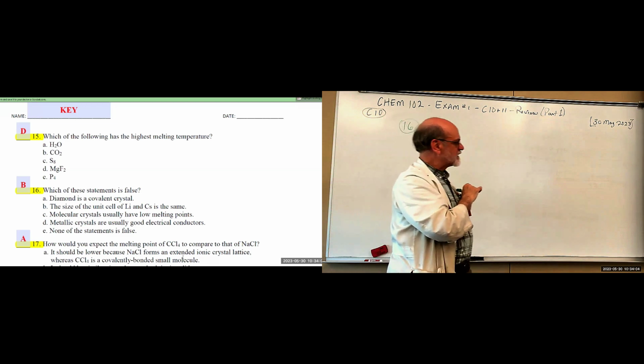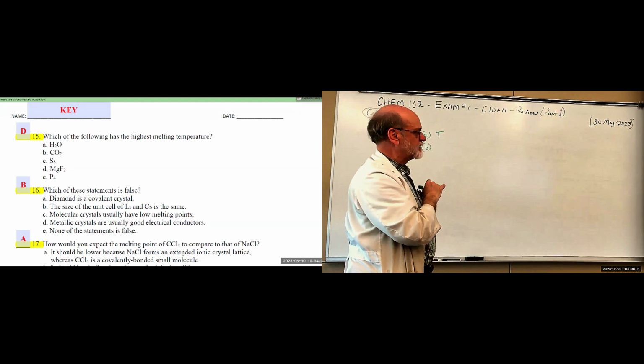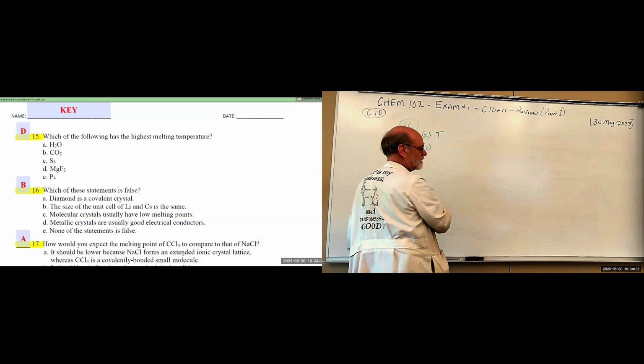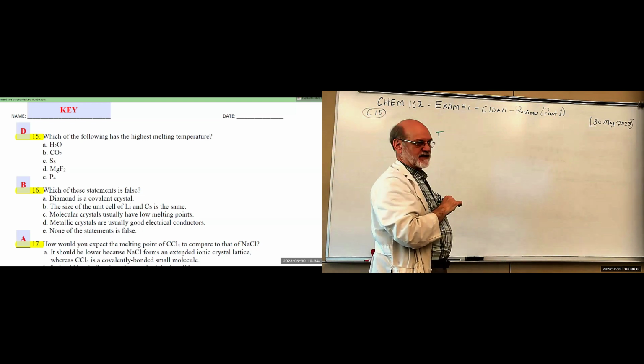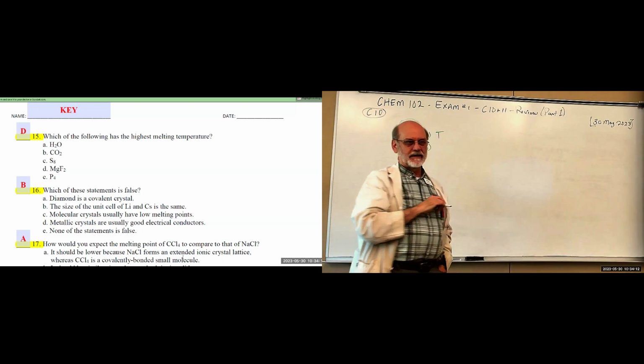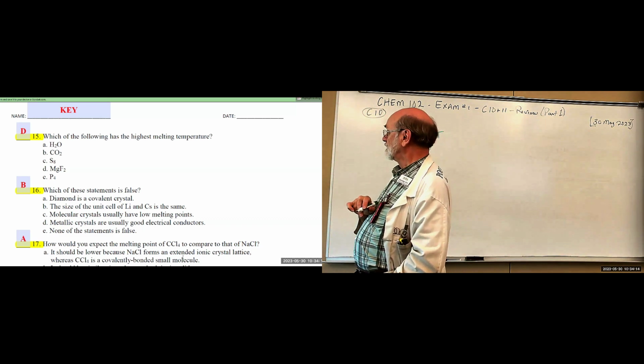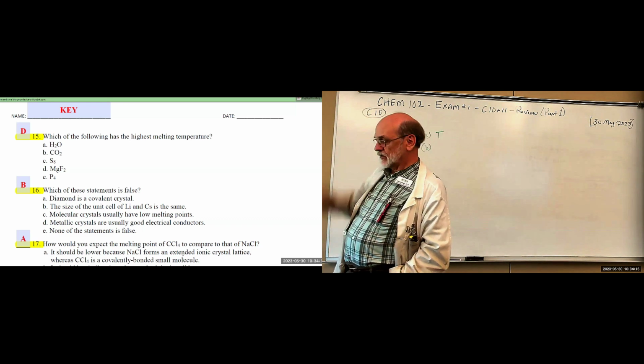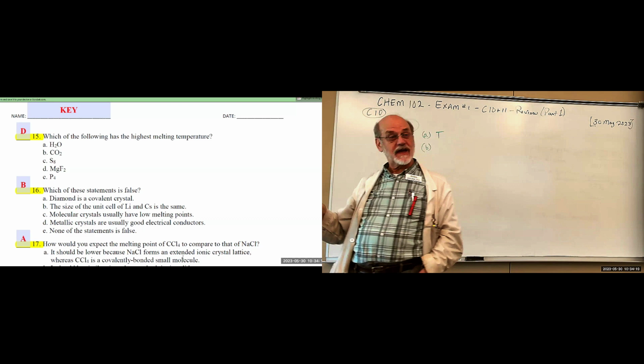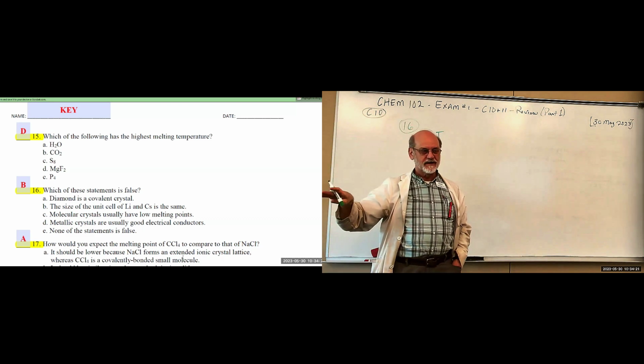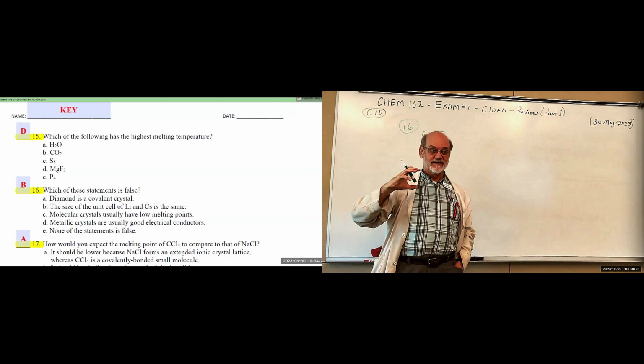B, the size of the unit cell of lithium and cesium is the same. Does that make sense? Look where lithium is. It's way up here. Cesium's way down there. So what happens as you move down a period? You get bigger atoms.